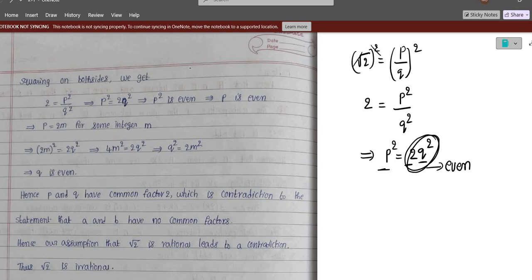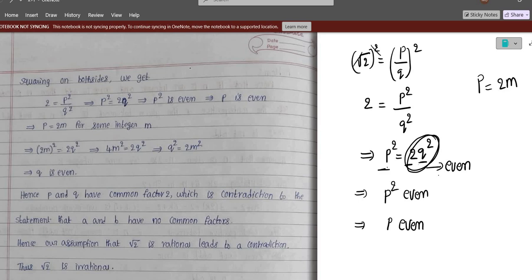That means whenever RHS is even, LHS is also even. So finally we can say that p square is even. If p square is even, then p is compulsorily even. So p is even means p can be written as 2 into some integer, that means p equals 2m.